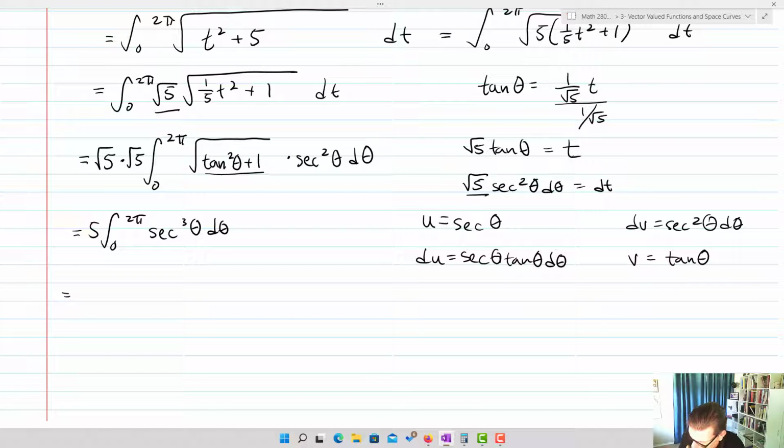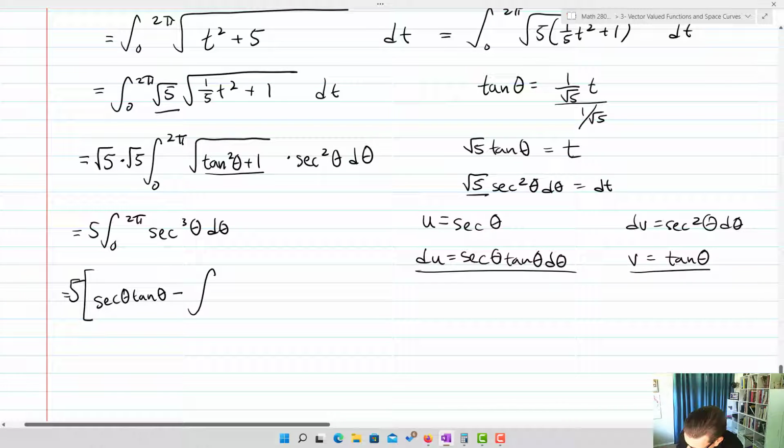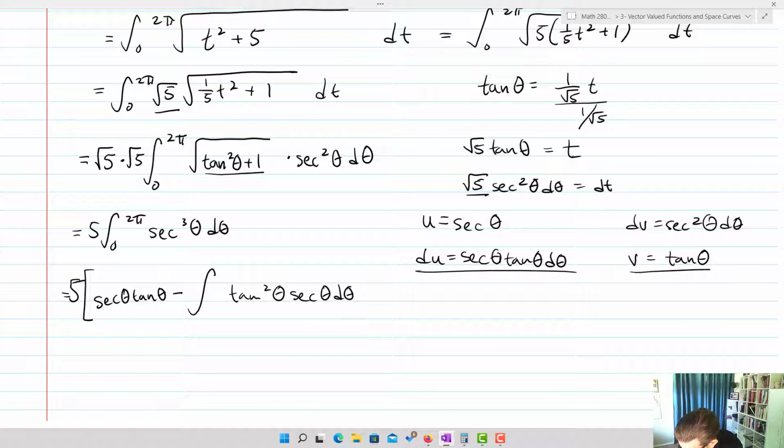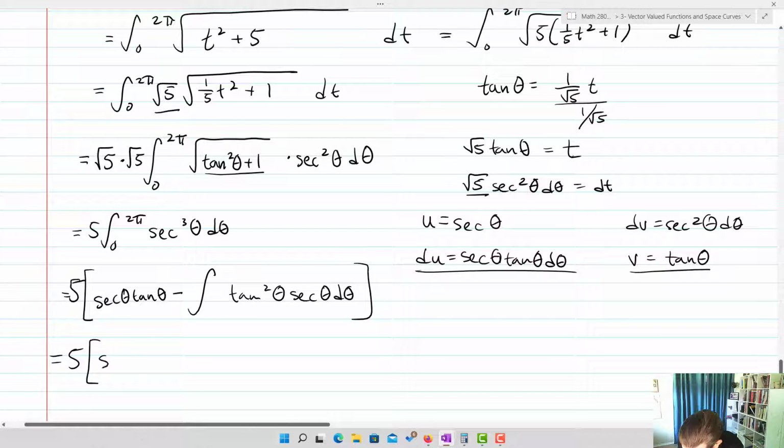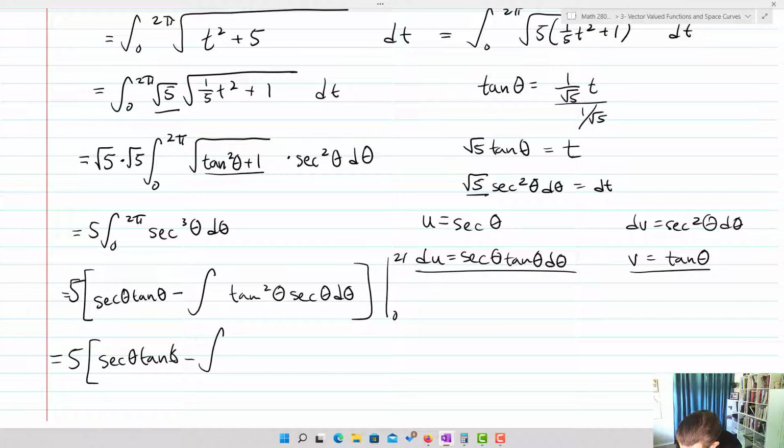Putting this in, we get 5 times, and we have uv, 5 times secant theta tan theta, minus v du, so that's tan squared theta secant theta d theta, and we'll use another substitution. This is going to equal 5 times secant theta tan theta, minus the integral, again, and all of these are going to be from 0 to 2 pi when we eventually get there.